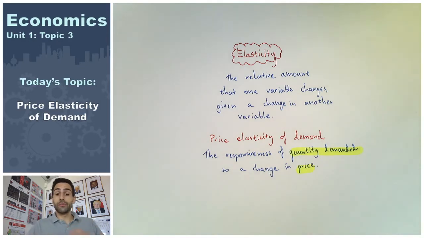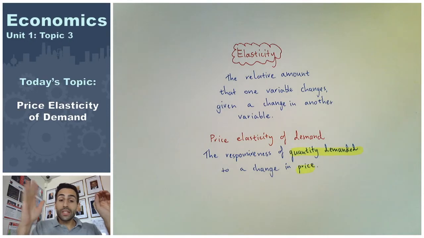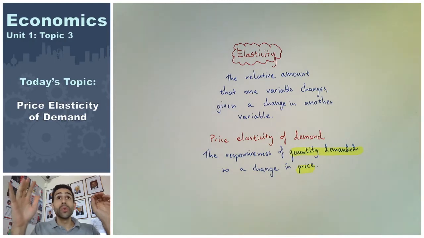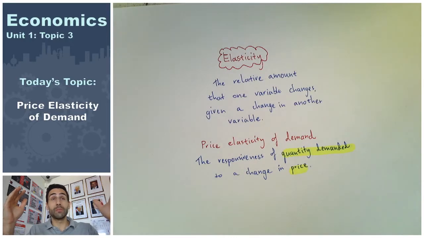Price elasticity of demand. Now, here's what we need to get straight from the onset. Think of elasticity as a spectrum. On one side of the spectrum, you have products where price changing has very little to maybe no effect on quantity demanded. Then you have other products on the completely opposite side of the spectrum, where if price changes even a little bit, quantity demanded will change a hell of a lot.